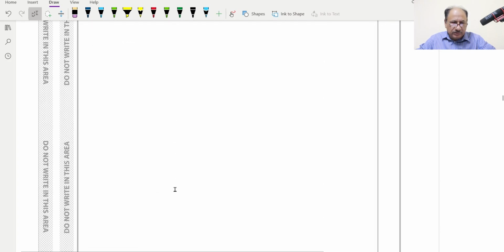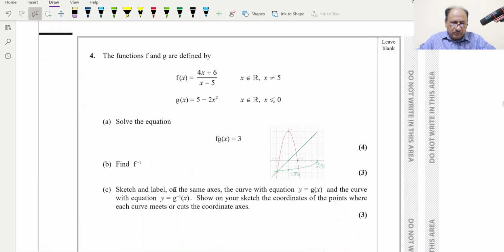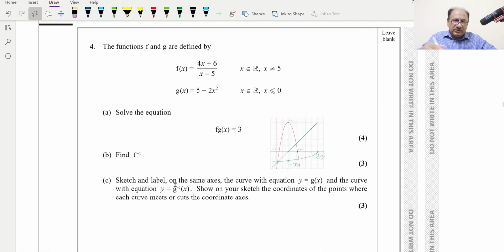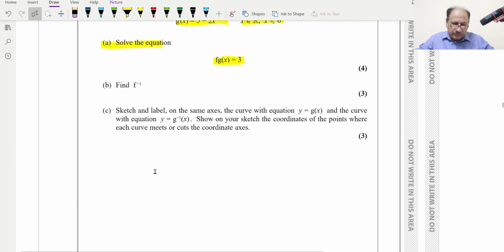The next question is question number 4. The functions f and g are defined by, this one is f of x, this is g of x, and solve the equation. The A part is: solve the equation f of g of x equals 3. So I will explain this.